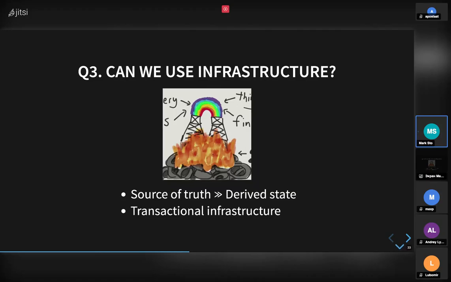Usually that's a database or something like that. There is also a derived state. On the contrary, this state is computed or restored from the source of truth. It can be rebuilt and doesn't have to be the place where ACI guarantees are provided.